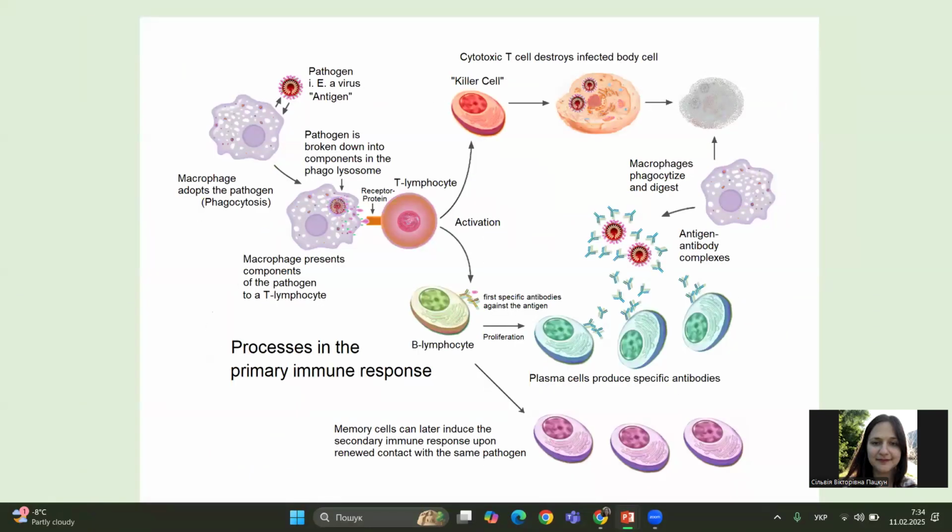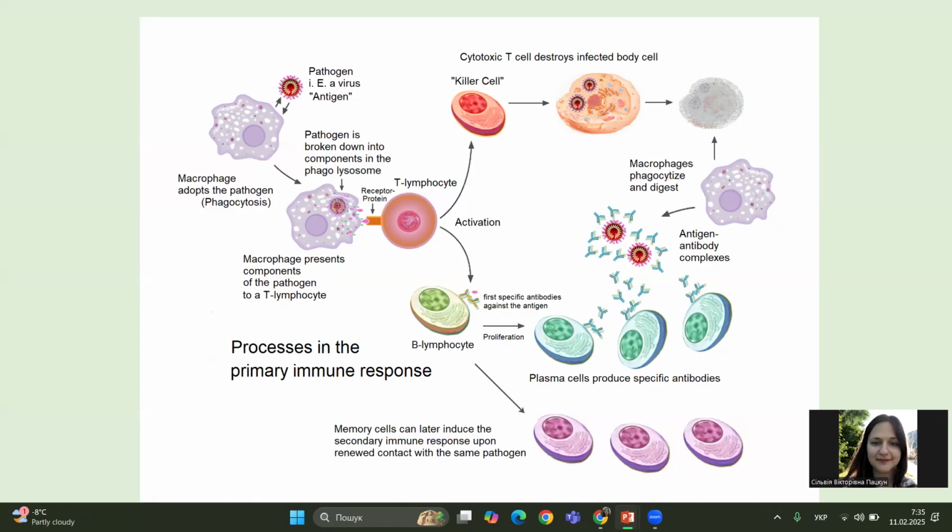If we talk about the primary immune response, the pathogen meets with the macrophage, which provides digestion and presentation of the antigen on the major histocompatibility complex. T lymphocytes interact with this major histocompatibility complex with the pathogen, and it starts to produce cytotoxic T cells, killer cells, which destroy infected body cells and also cause activation of B lymphocytes.